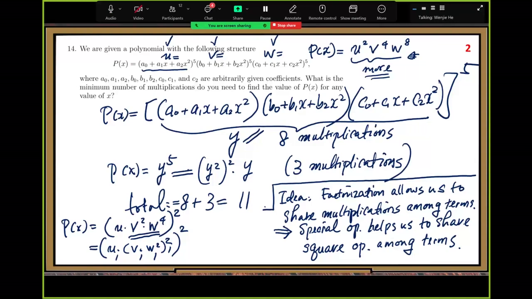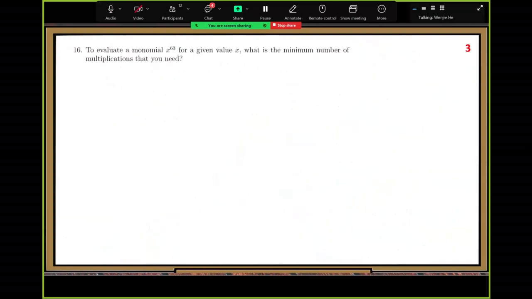So let's move to the next question. This one. Most students give me the answer 10 by repeated squaring.